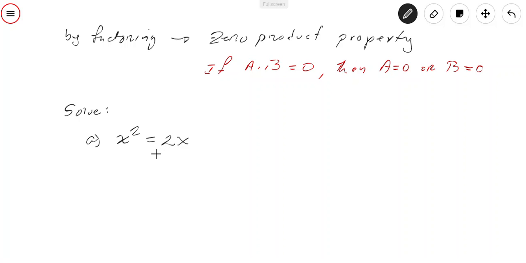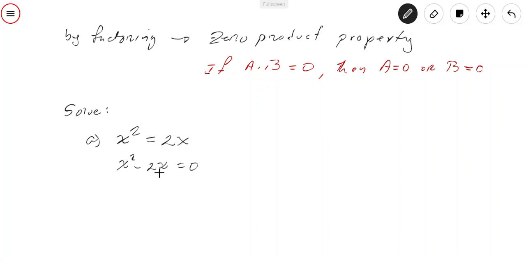So one side of the equation must be 0, while in the other one we have all the terms, so we have a quadratic expression. Subtracting 2x from both sides, we get x squared minus 2x equals 0.